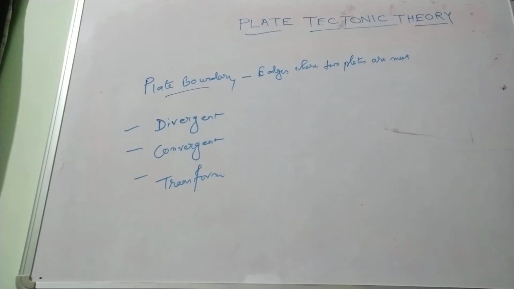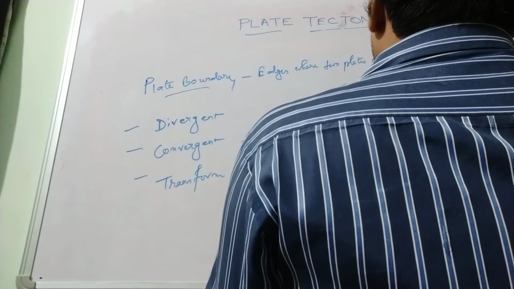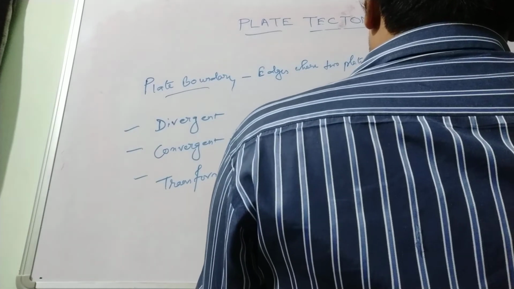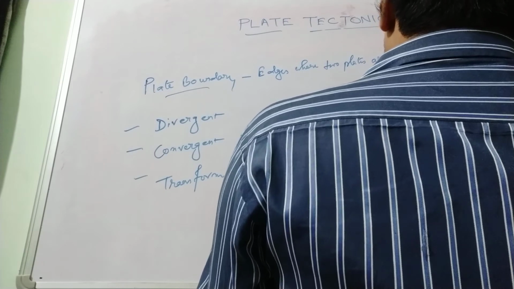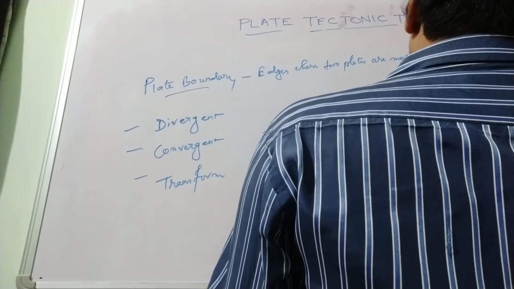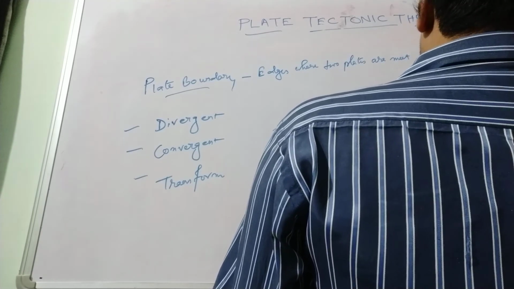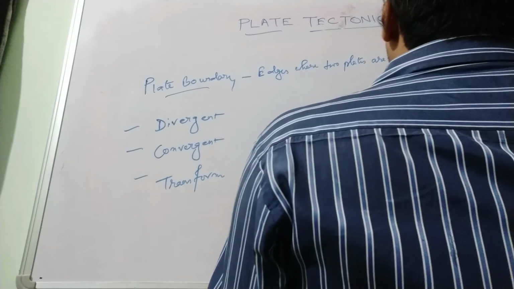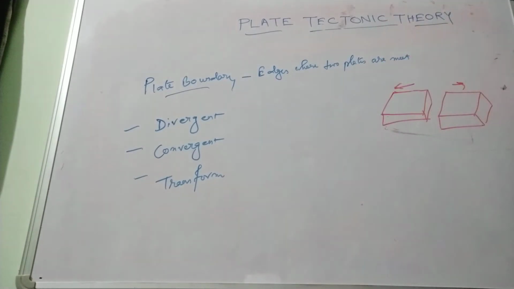Divergent: when the plates move in opposite directions. Suppose this is one plate, and this is another plate. When the plates move in opposite directions, then it is called divergent.